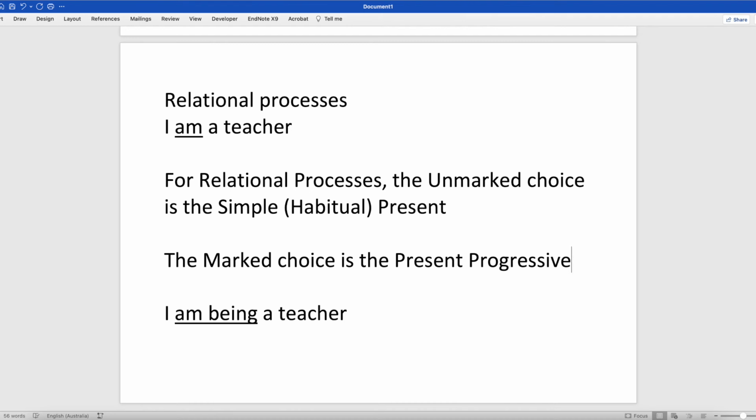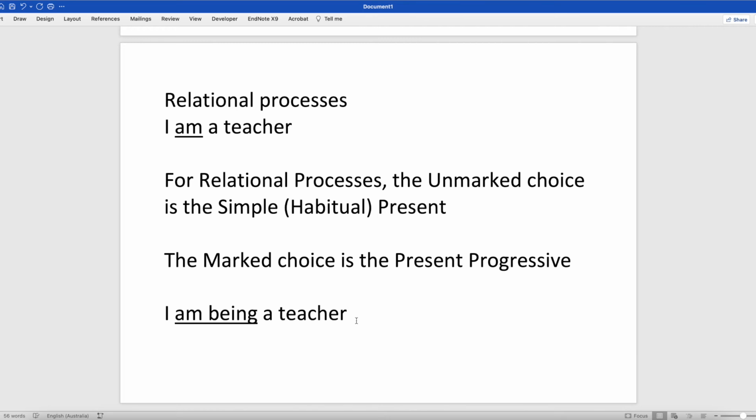So when we hear I'm being a teacher, we immediately start to imagine, well, first of all, it's quite jarring, and we pay attention to that, and we think, why did that person say I'm being a teacher? And of course, the special significance, as we mentioned, maybe it's the children playing and taking on different roles.